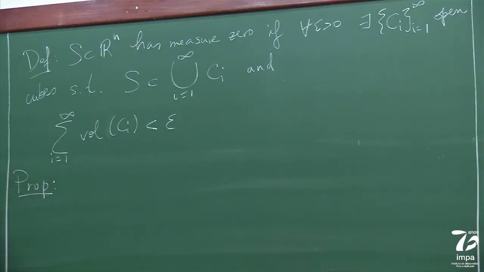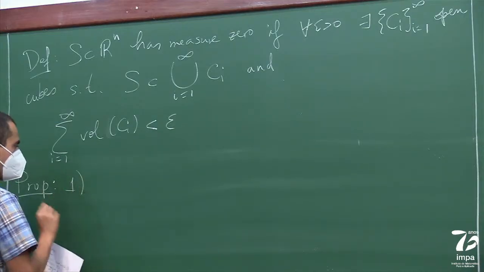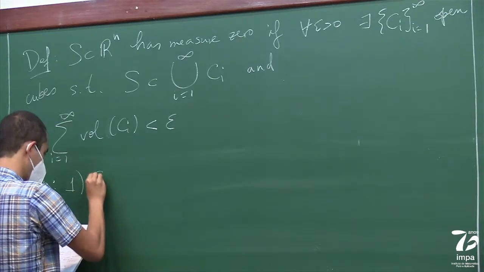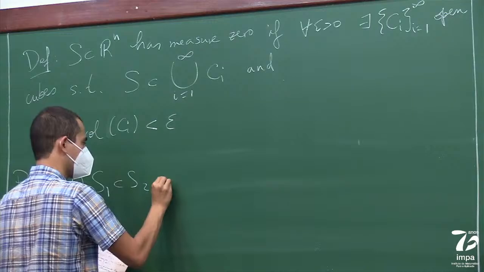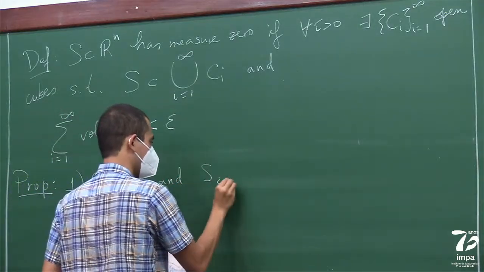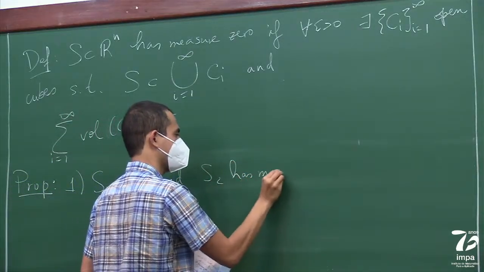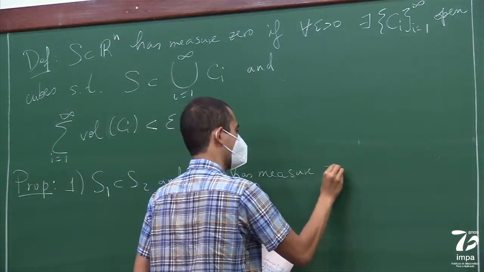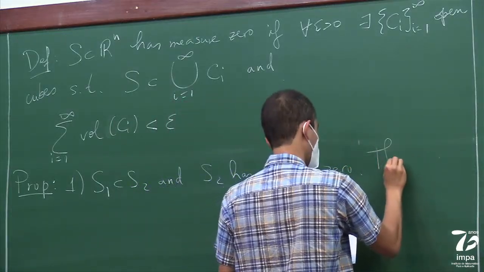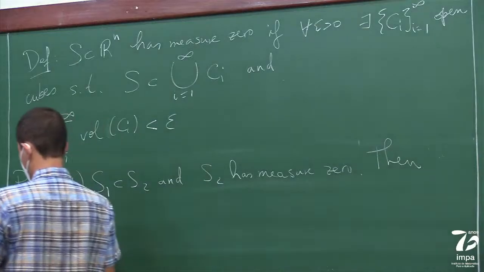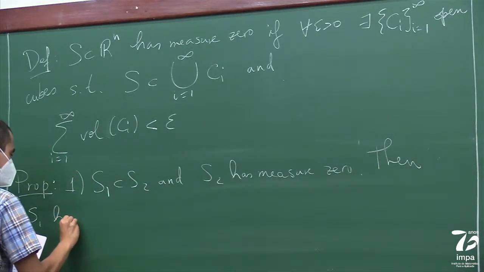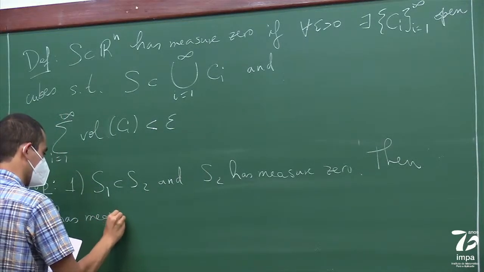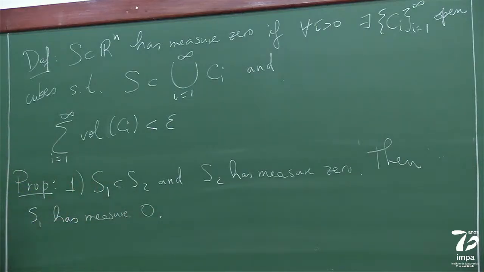So proposition. Well, number 1, if S1 is contained in S2, and S2 has measure 0, then S1 has measure 0. So that's pretty much straightforward, but let's state that anyways.